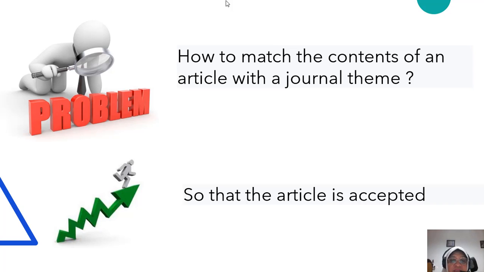The problem is how to match the contents of the article with a journal's themes. The purpose is so that the article is accepted.